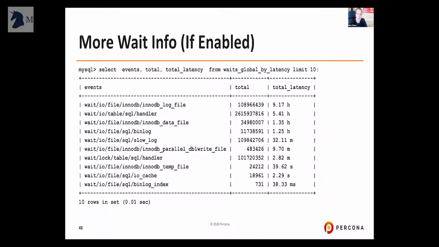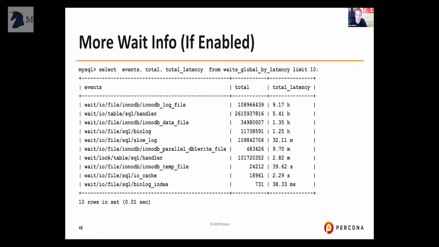Additionally, you can look at the global waits. Like in this case, we have raw waits on an individual log file, handler, and so on and so forth. Right? You can maybe even have some sync events here. I would point out though that as we are specifically sorting data by total latency here, only events which have been timed, so enabled for timing in the performance schema, will be seen, right?